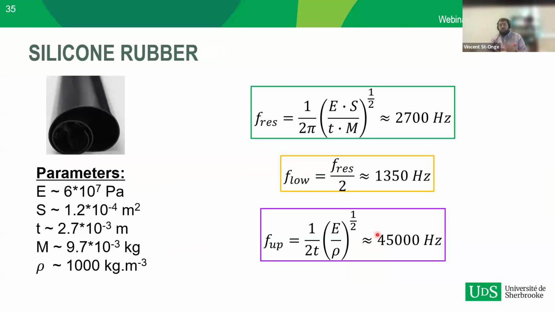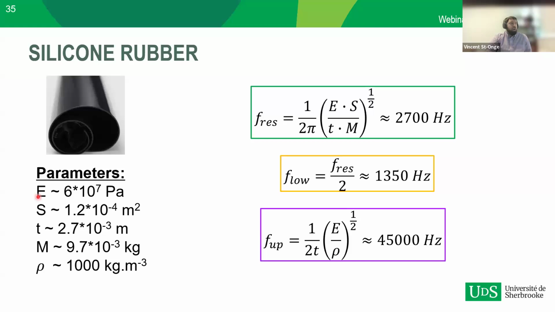We also ran some analysis for an external client who provided us with a silicone rubber material. Again, we cut the material with this thickness, and it had this surface area. We used the smallest weight. We estimated the density of the material, again, about 1,000 kilogram per cubic meter.